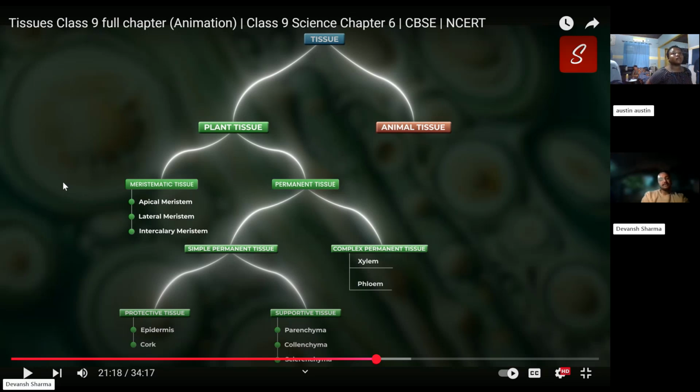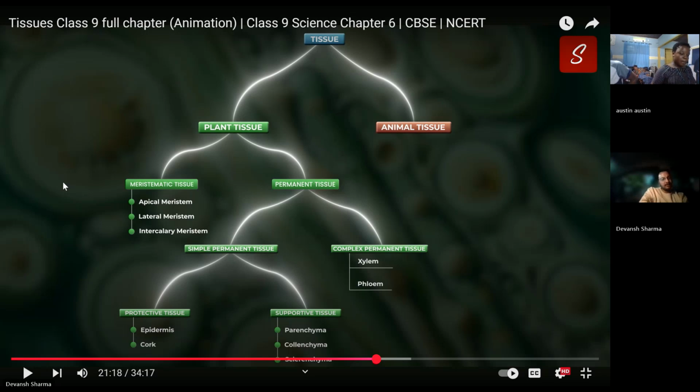What are the locations of these three? Apical is on the top of the plant, the growing tips of the plant. Lateral is the nodes of the plant. No, not nodes, in the stem. Okay. Then intercalary.